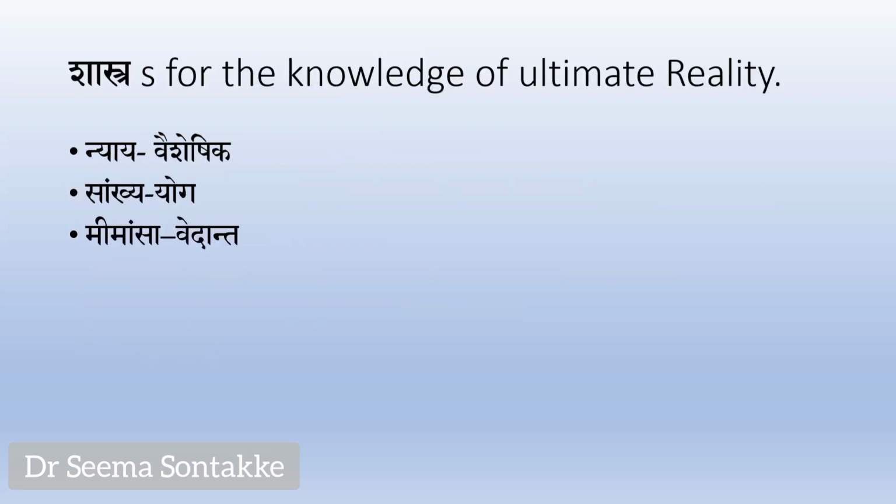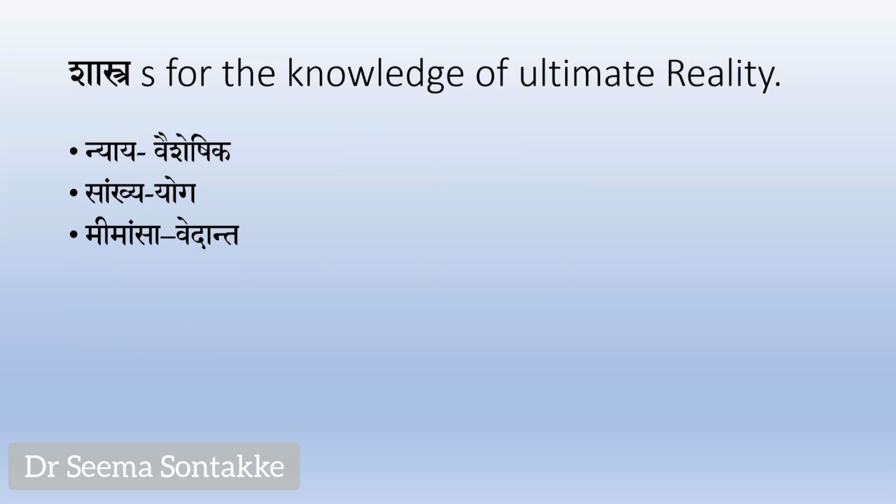Now, let us look at the different darshan shastras and their systematic way to reach moksha. Here I have selected only six darshanas, which are famous as orthodox Indian philosophical systems or orthodox schools. Here, orthodox means those who believe in the Vedas.